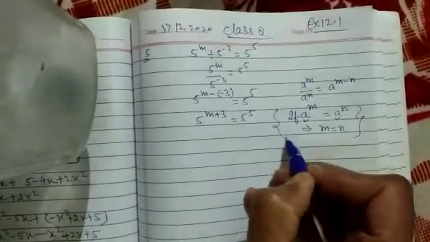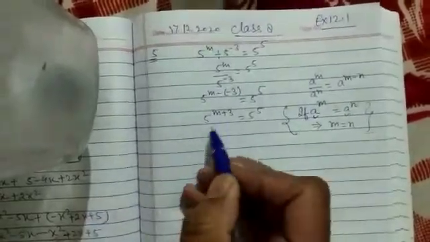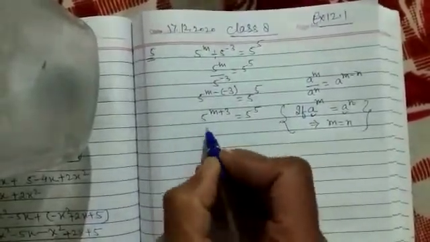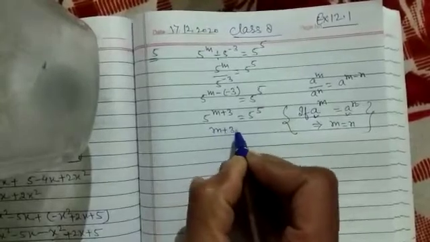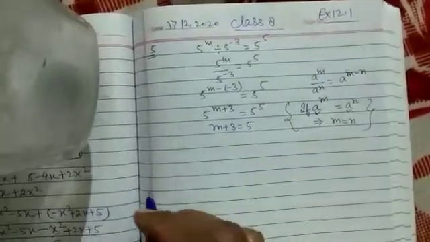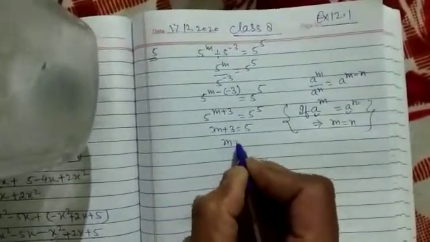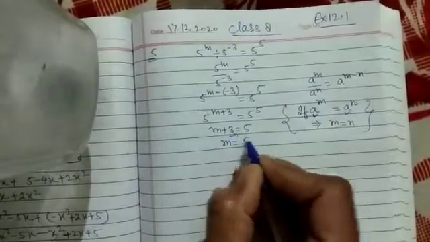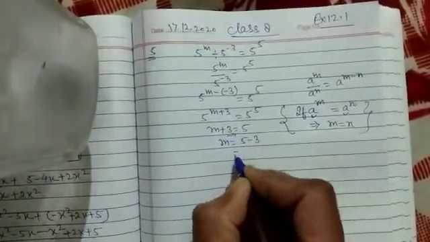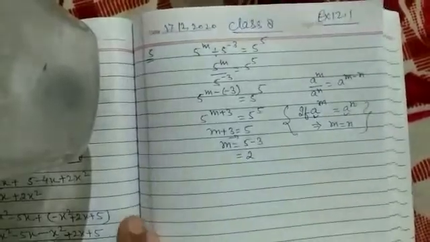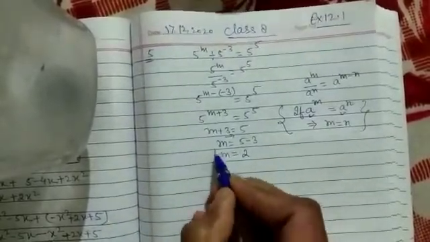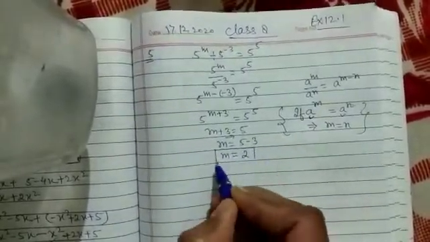This is very important and new. So the same rule we can apply here. So m plus 3 is equal to 5, so m is equal to 5 minus 3, this is 2. Okay, so this is the solution.